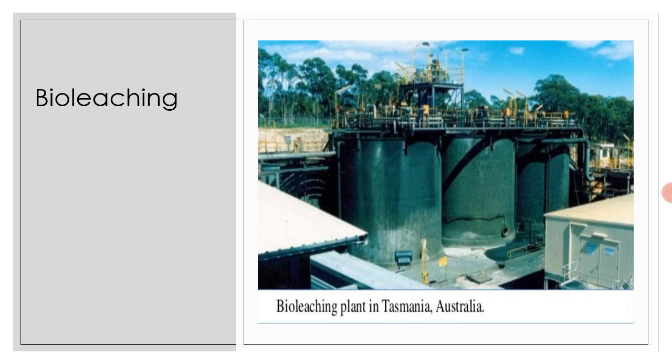So it is not a very easy process, but it is very convenient and very eco-friendly, but it requires more time to carry out the complete process. So like this, we have different bioleaching plants in different countries. This one is from Australia.